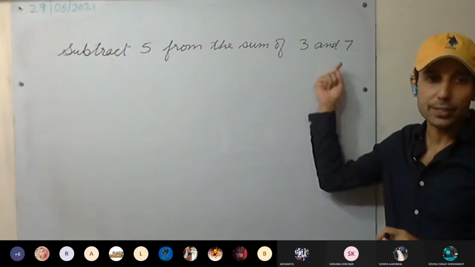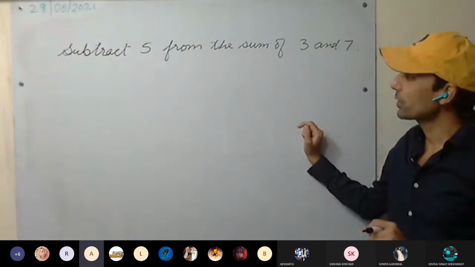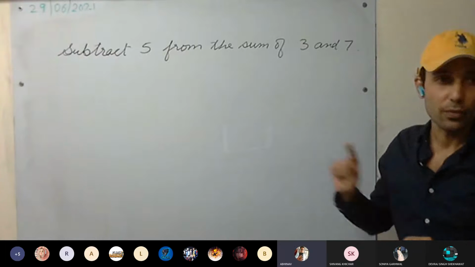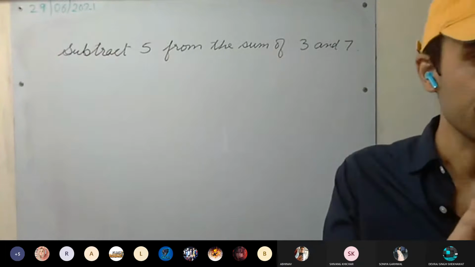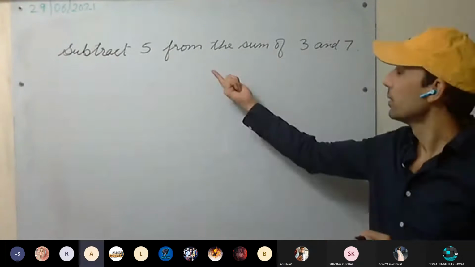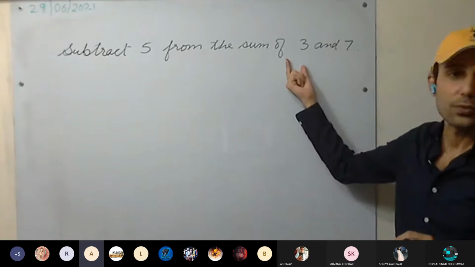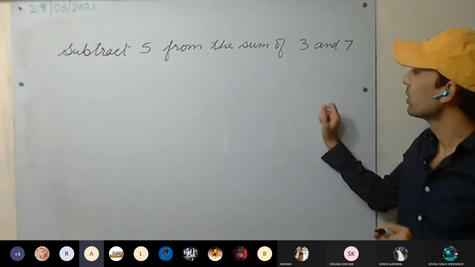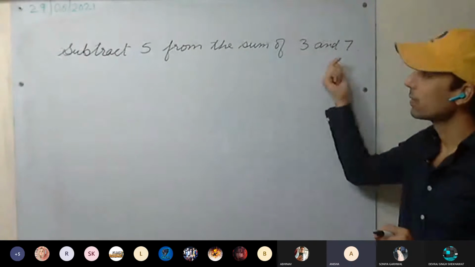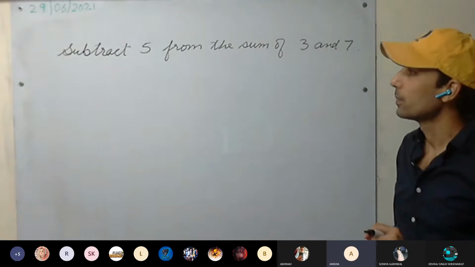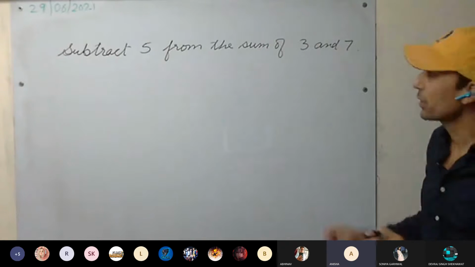No one will answer, so I'll ask one student. Anisha, you answer. How are we going to proceed? What do we have to do first? First we will get the sum of 7 and 3, which is 10. Then we will subtract 5 from it, which is 5. Okay, good. Thank you.